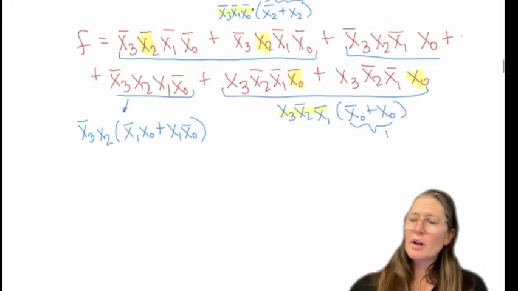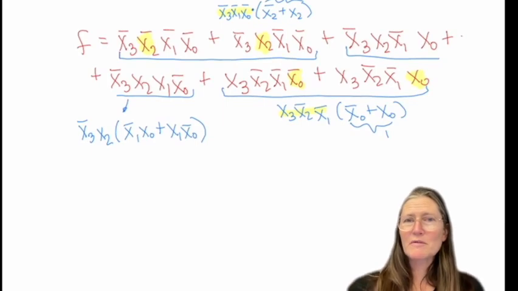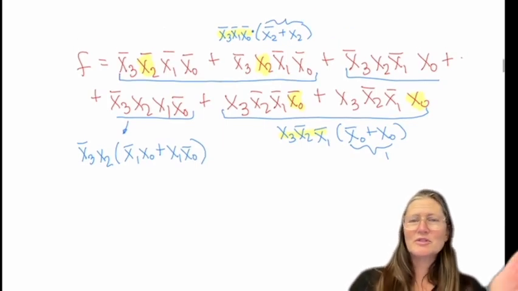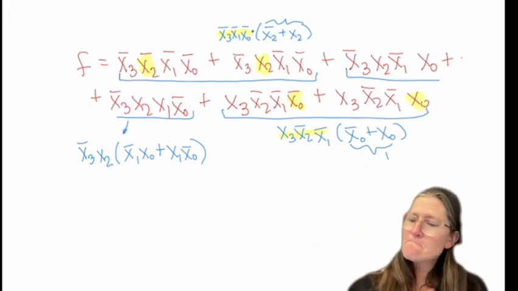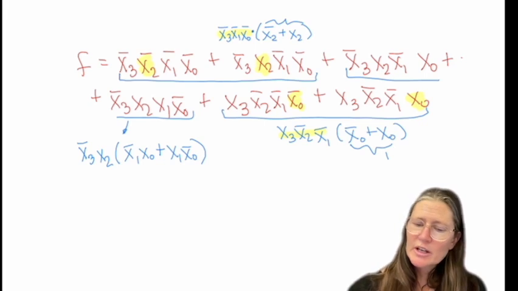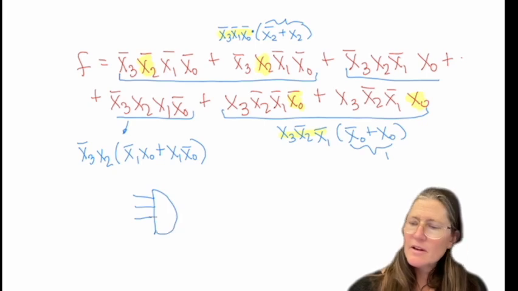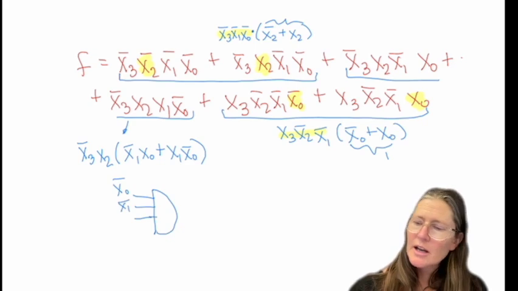So I'm going to assume I have 3 input and 4 input gates, which you'll see when we go to the simulator you don't have. So this first one is going to be inputs of x0 bar, x1 bar, and x3 bar.